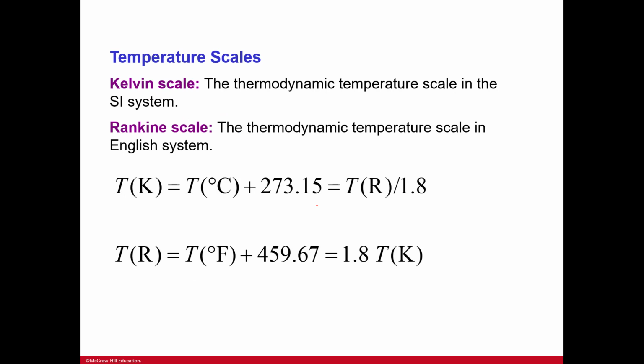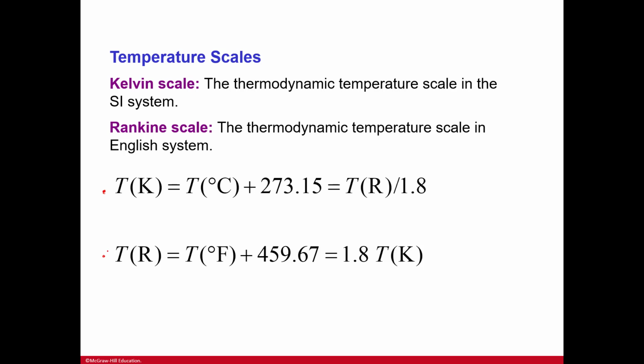So we have temperature scales. Of course, we have the Kelvin scale, a thermodynamic temperature scale in the SI system, and then the Rankine, which is in the EE system. There's a simple conversion between Kelvin and Rankine. Again, remember that we need homogeneous units.